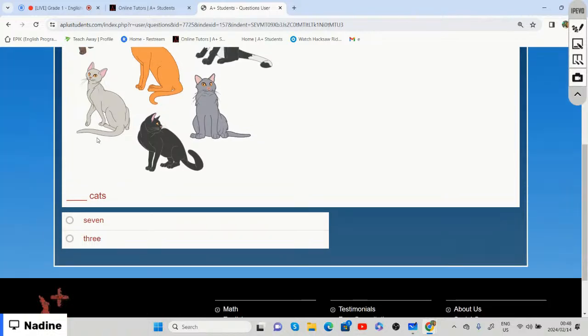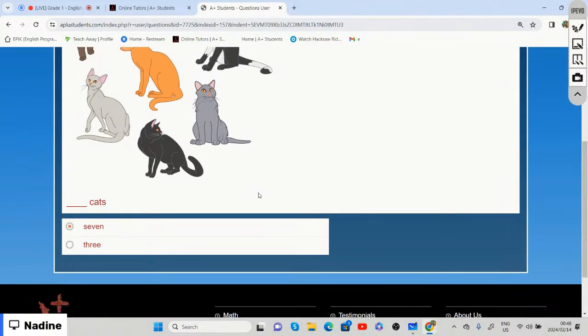So now if we want to see how many cats there are, we can say there are seven cats.